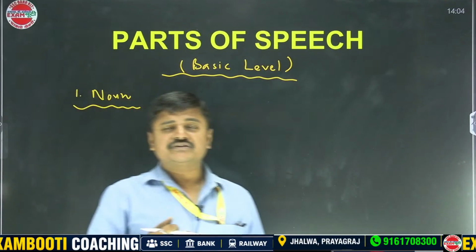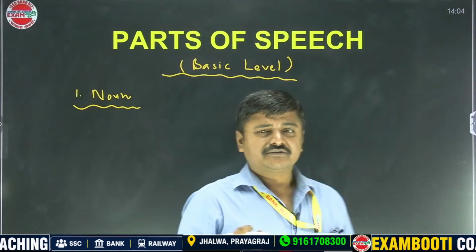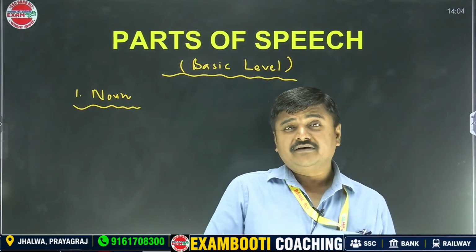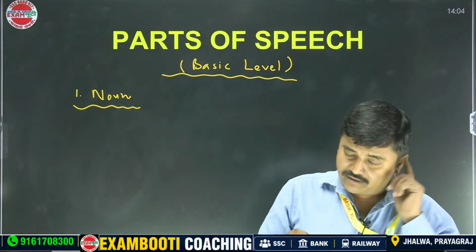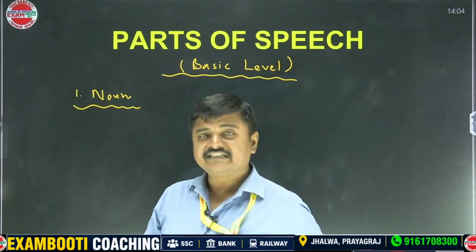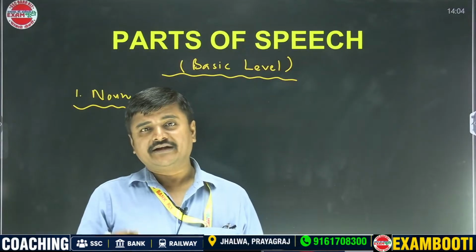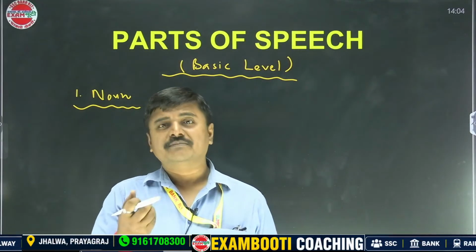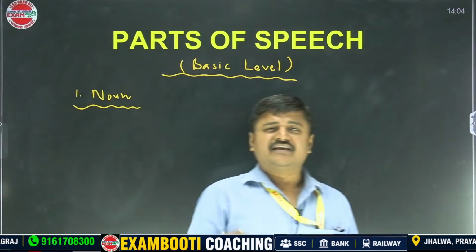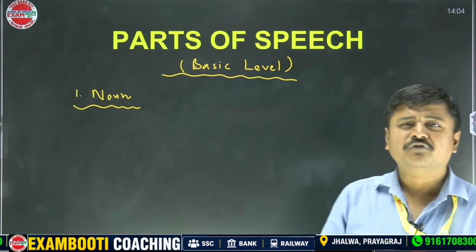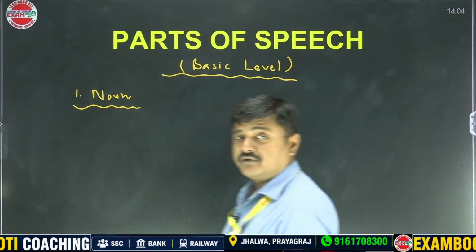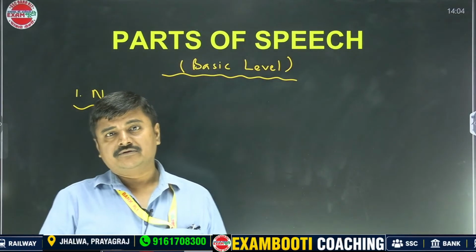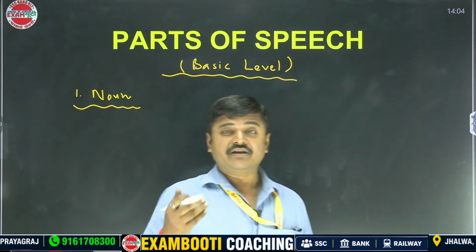In English, there are so few words originating from the original language from which it originated. English originally comes from German, Low German, and there are very few words in English from German roots. So 80% of words are from Greek and Latin roots.